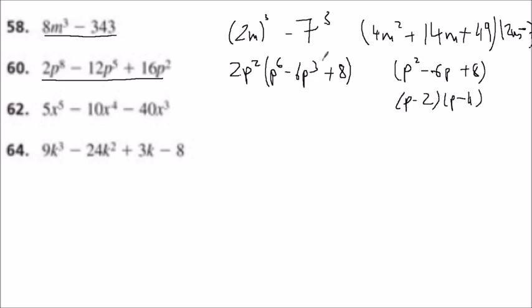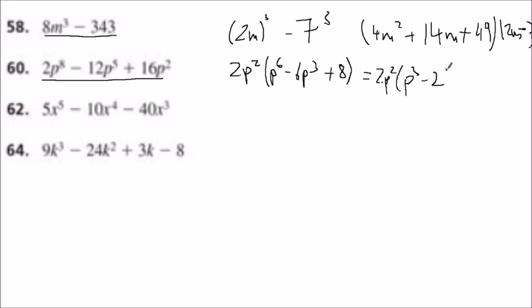We can do the same for this one, but take p cubed as our thing, because 3 plus 3 is 6. So instead of p minus 2 and p minus 4, we can have p cubed minus 2, and then p cubed minus 4, because p cubed times p cubed will still give you p to the 6th.